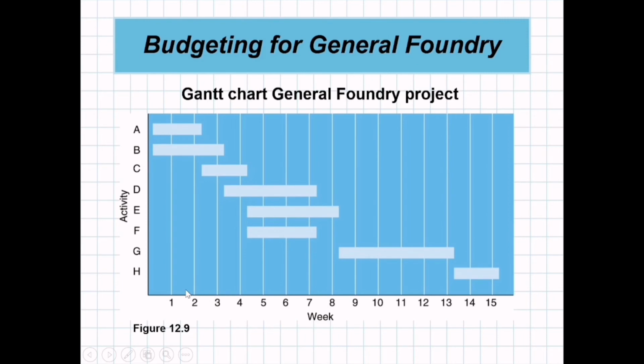This is the number of weeks and these are the activities. So for activity G, it will be finished in 13 weeks, and activity H in 15 weeks. So this is your Gantt chart of activities, class. When you say Gantt chart, we can see here when each activity will be finished. So activity C will be finished in 4 weeks.